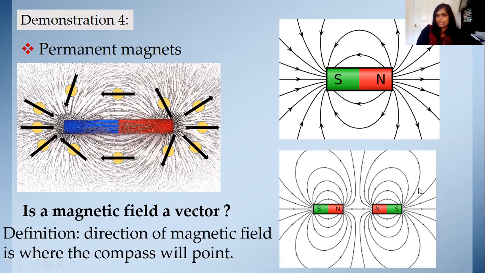It starts from the north pole and goes towards the south. Over here, it is north-north, so they are repelling each other. In the middle, it is zero magnetic field. So if you want to send a charged particle through this, I will send it at the center because there's no magnetic field there. In accelerator facilities, when we separate these charges, we are using this idea. We keep the magnets around the beam line, and we can bend these beams using these magnets.